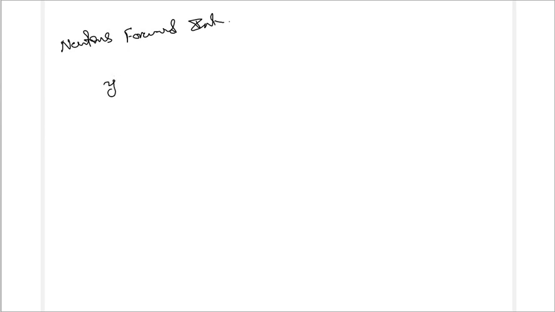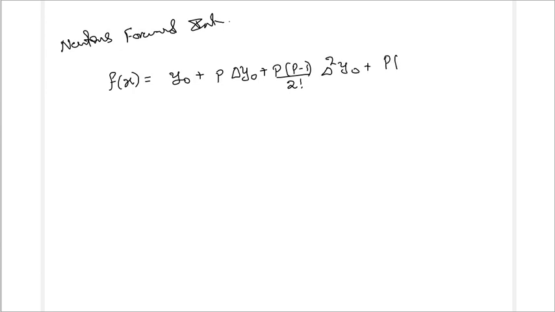That is f of x equal to y0 plus p into delta of y0 plus p into p minus 1 by 2 factorial into delta square of y0 plus p into p minus 1 into p minus 2 by 3 factorial into delta cube of y0 plus and so on. And here what is p? p is nothing but x minus x naught by h.